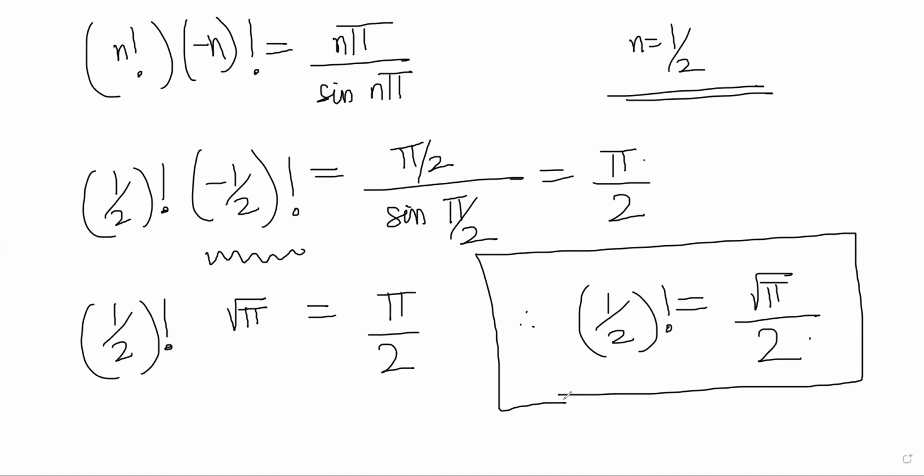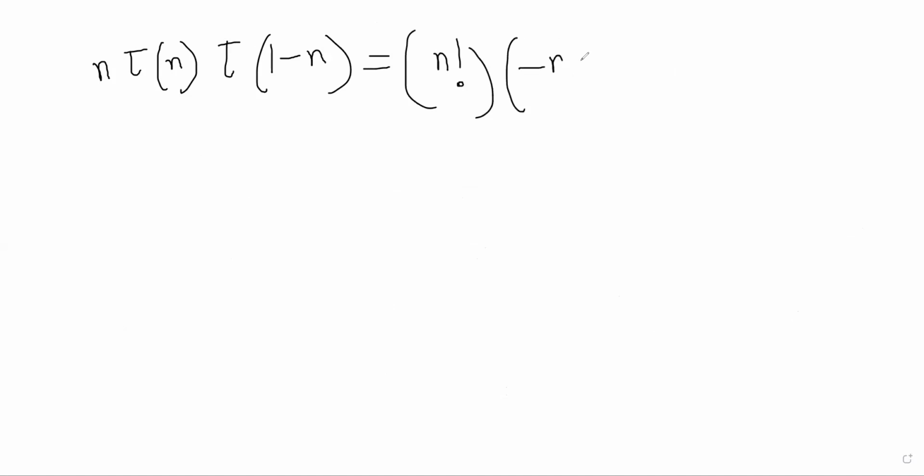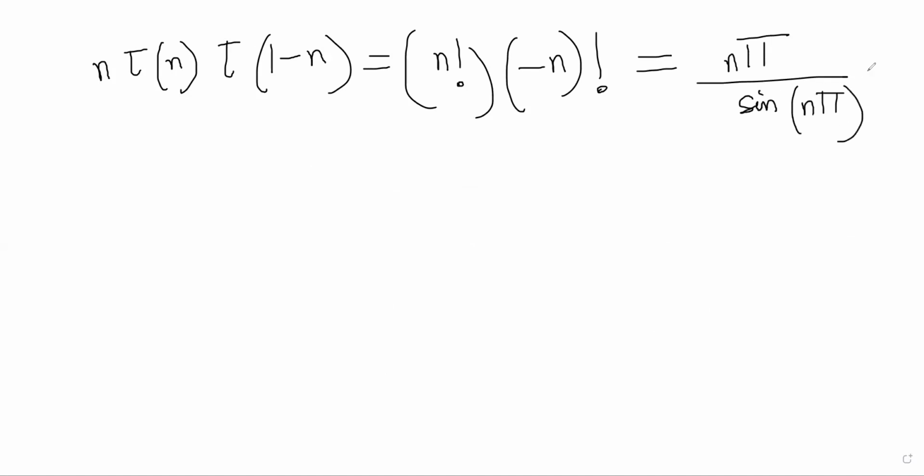So finally, what is the final equation that we can write as a conclusion to the entire video? We can say n tau of 1 minus n is equal to n factorial times minus n factorial, is equal to n pi by sine n pi. That is the conclusion for this video.